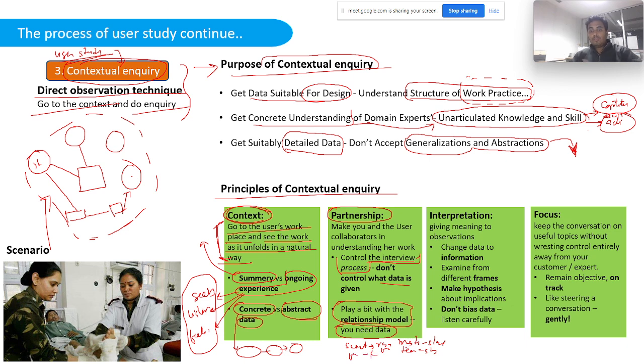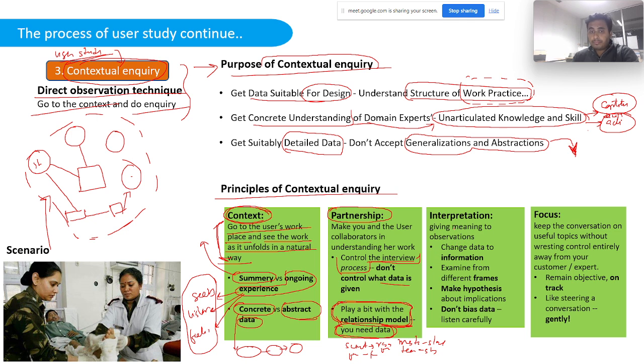You choose your personal persona and behave in such a way that the user is eager to give you information. Be part of the system without affecting the natural way the task needs to happen.